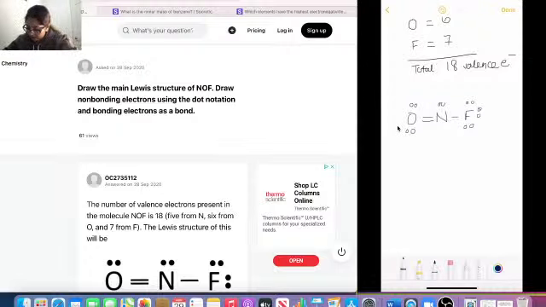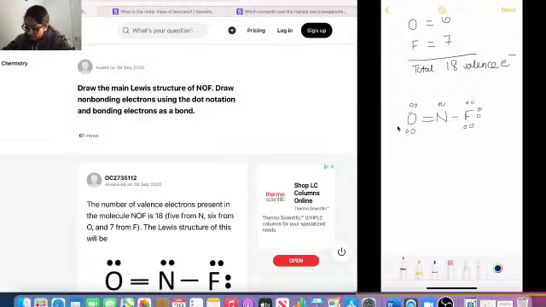Okay, so here the double bond between the oxygen and nitrogen, and the single bond between the nitrogen and the fluorine, represent the bonding electrons of the molecule, with the dots as lone pairs, basically.